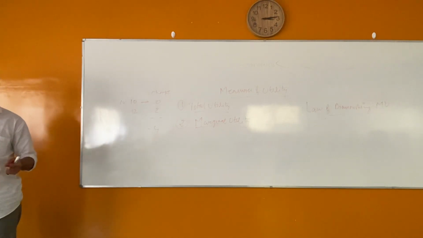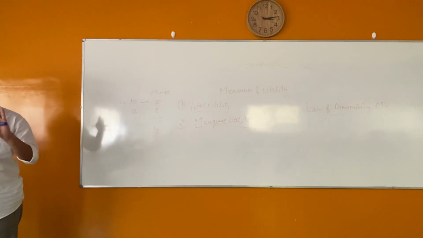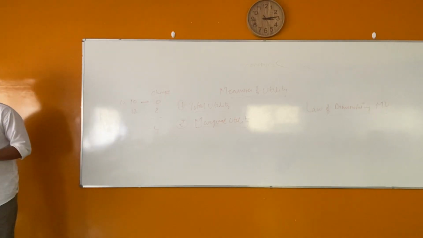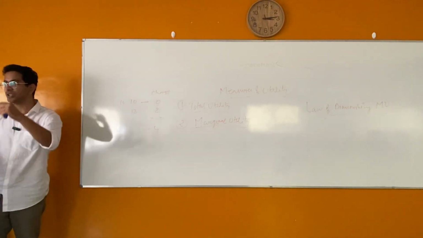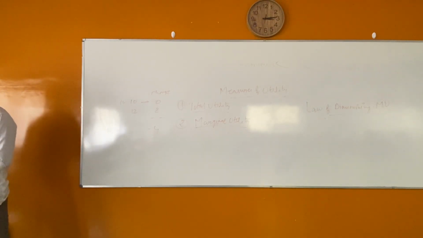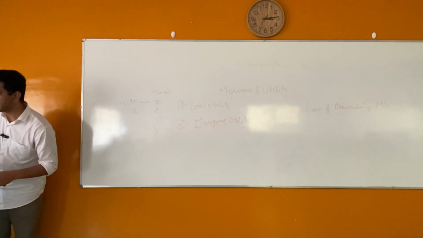Can you eat more after one point? If I have a capacity to eat 3 rotis, that's all I can eat. If I want to have a 4th or 5th, I cannot, right? That is the law of diminishing marginal utility. It is diminishing, and after one point marginal utility can even become negative.